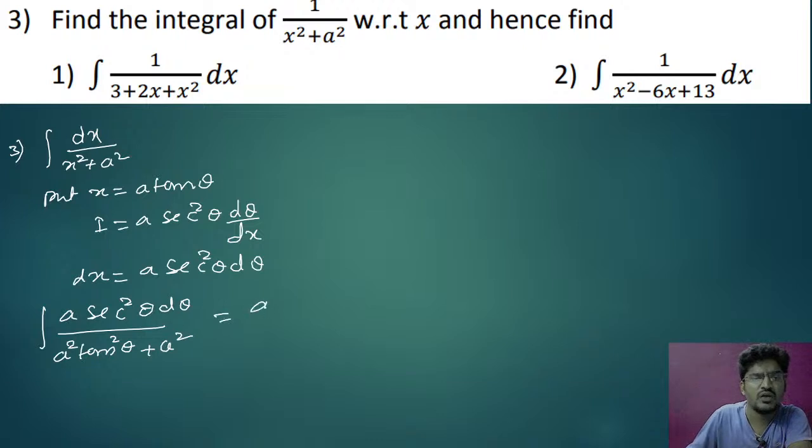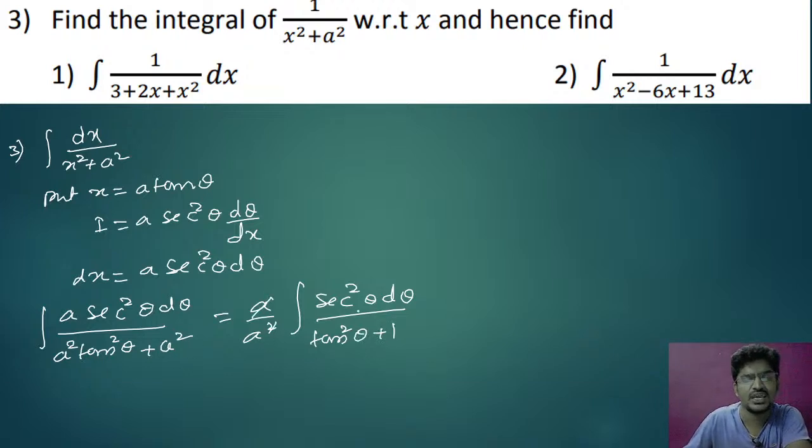So here you have a divided by a square, integration of secant square theta d theta divided by what is remaining term, tan square theta plus 1, because a square has gone outside, cancel a and a. 1 plus tan square theta is secant square theta, so cancel this term and secant square theta, because both are same. What will remain? 1 by a into d theta.